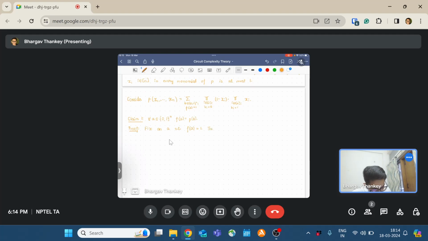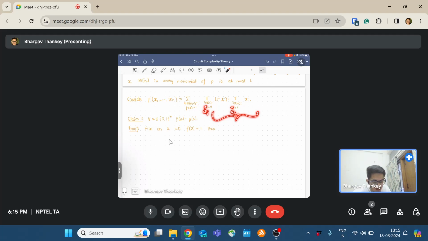Since f of a equals 1, there is a term corresponding to a in the sum. When I plug in a into this term, I get 1. Why?